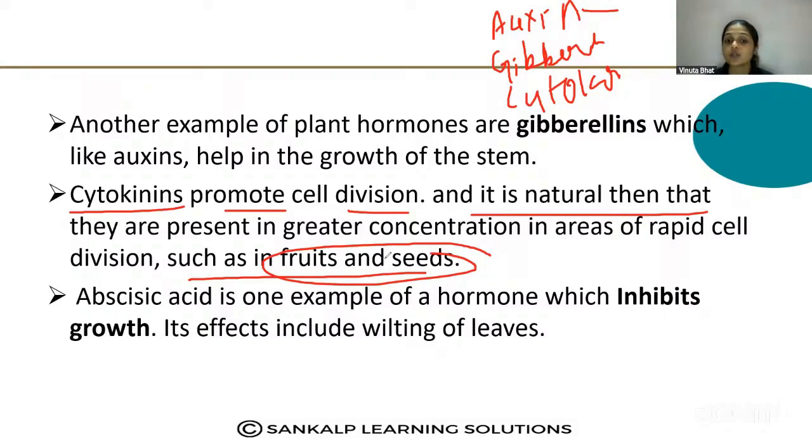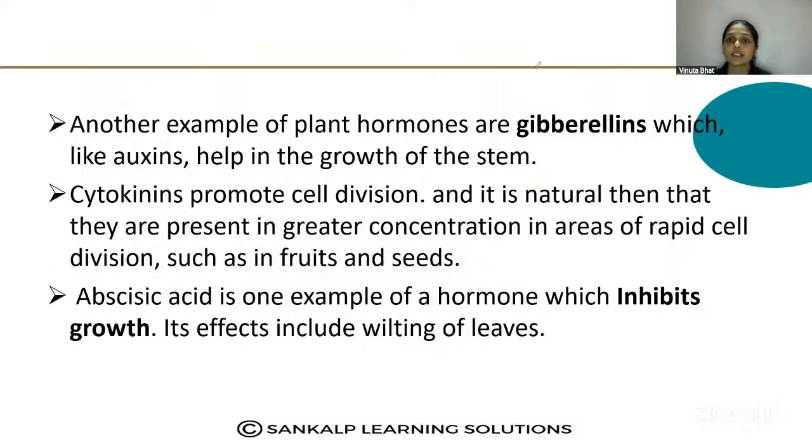Abscisic acid is one example of a hormone which inhibits growth. Gibberellin, auxin and cytokinin promote the growth of the organism, but abscisic acid inhibits growth.